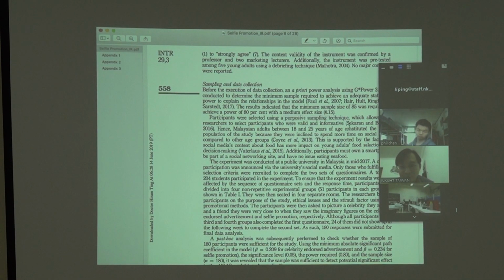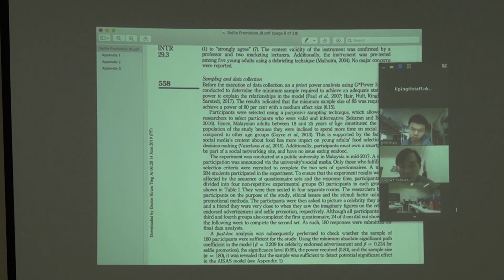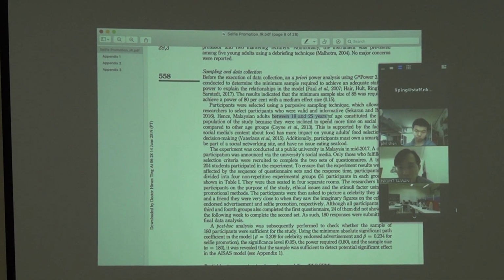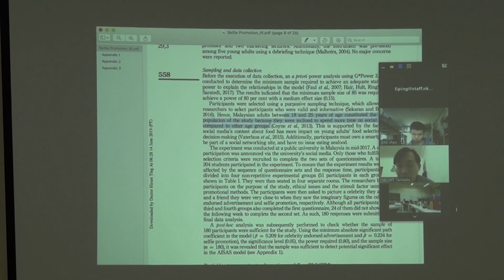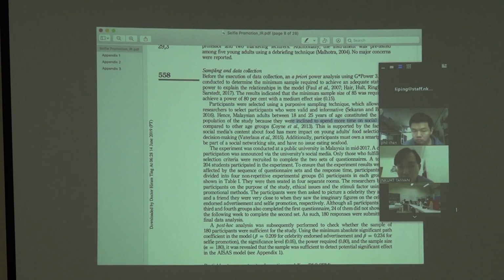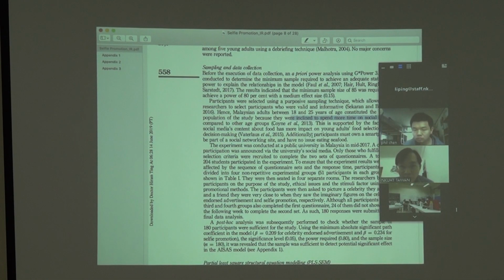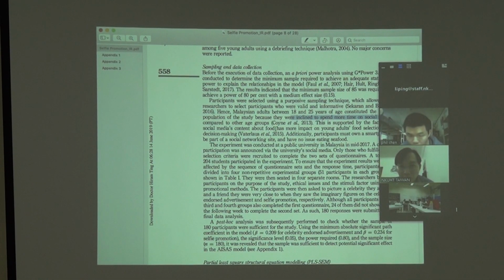So again, since I use purposive sampling, I must explain what the criteria are. Remember? These are the criteria: young adults, who must spend time on social media, and also these people must have some interest in food.